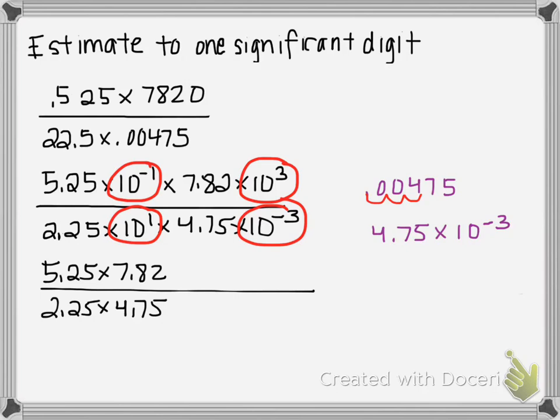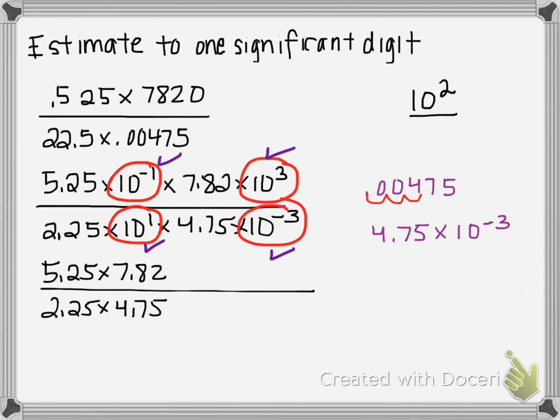So let's take it in a couple of steps here, and hopefully you can follow along. I've got 10 to the negative first times 10 to the third. So that would be common base, add the exponents. So negative 1 plus 3 is 2. Let's just set that off to the side here, up on the right. So I've got 10 to the second. And then in the denominator, I've got this 10 to the first and 10 to the negative 3.